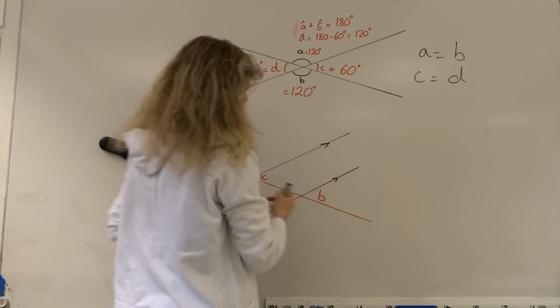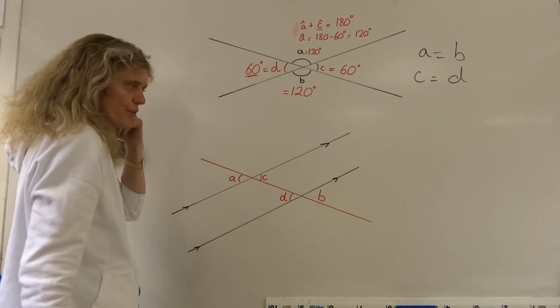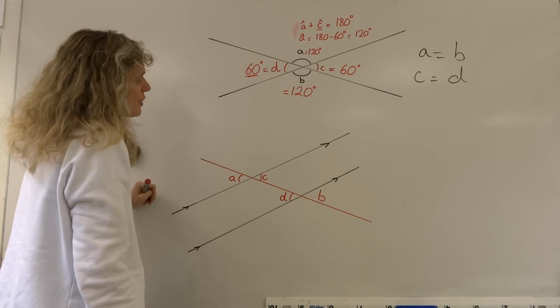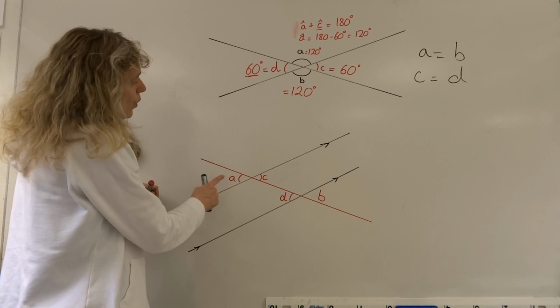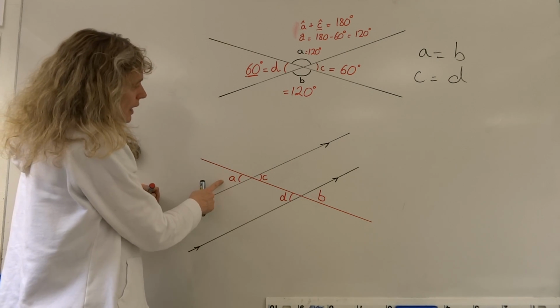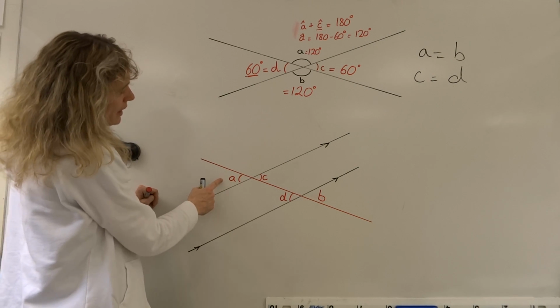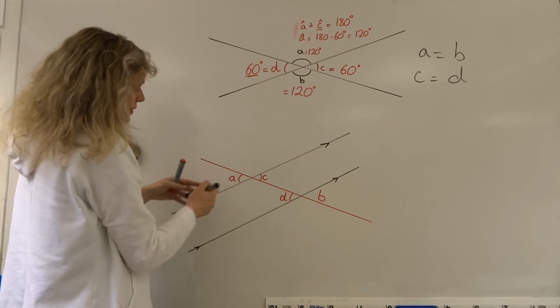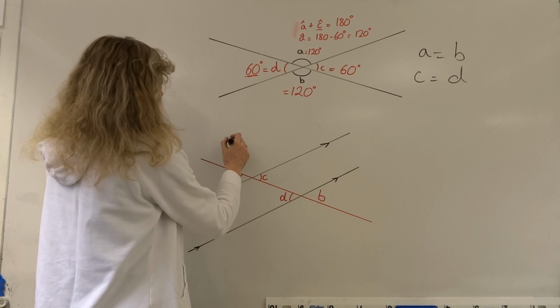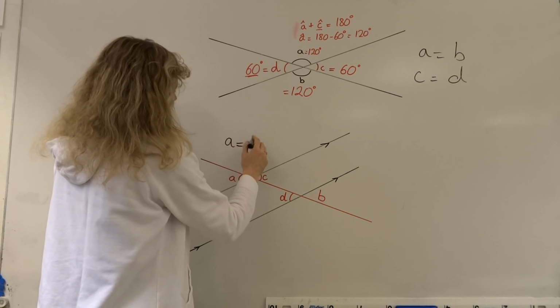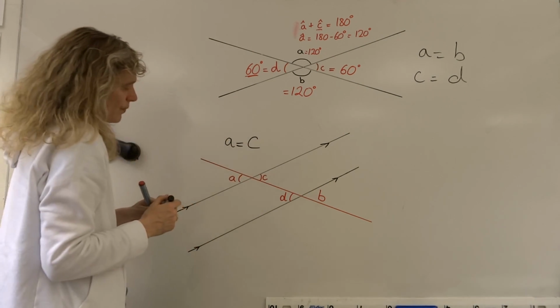They're carrying on at this distance apart throughout the universe. So what do we know then about angle A and angle C? Well, we can see that angle A and angle C are opposite angles. So the first thing we can say is that angle A equals angle C.